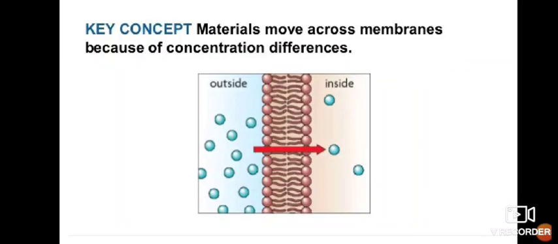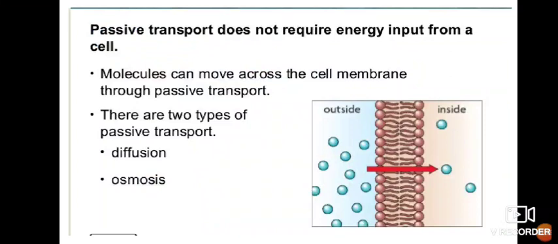The key concept is the diffusion of substances takes place from the region of higher concentration to the region of low concentration. The solutes move from region of high concentration to low concentration. This is the principle of diffusion and osmosis.